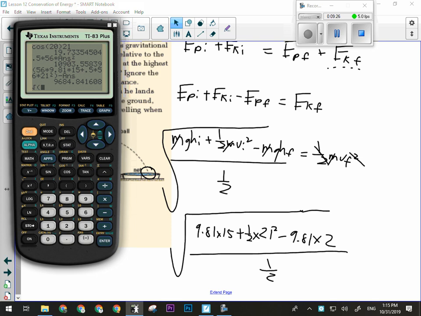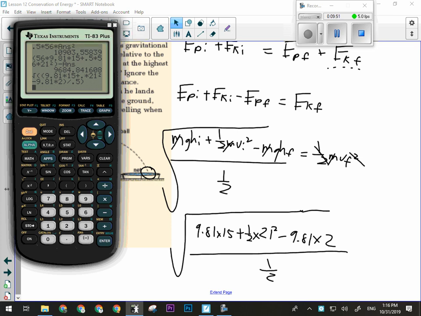Okay, so we've got 9.81 times 15 plus 0.5 times 21 squared minus 9.81 times 2, divided by 1/2. Oh, what did I mess up? Brackets. No, the 0.5.